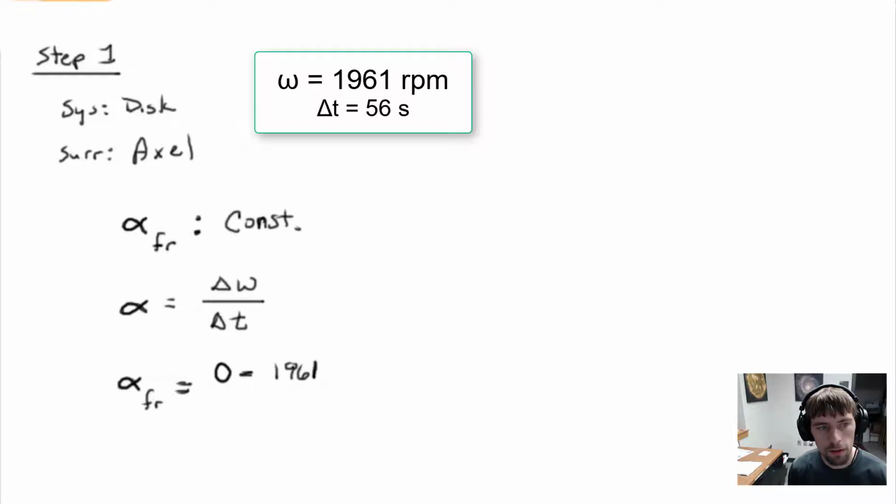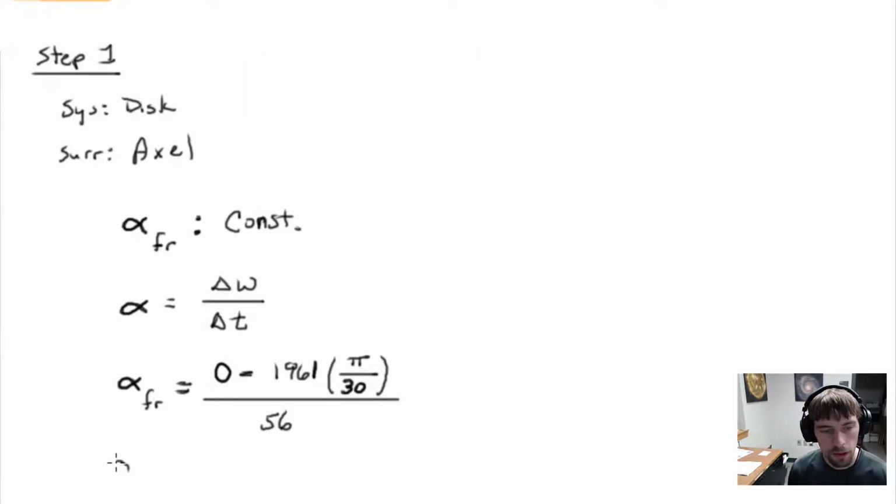Now that's in revolutions per minute. The conversion factor would be something like pi, converted into radians, divided by 30, right? Or if you prefer, 2 pi over 60. But there's your conversion, divided by this 56. So the angular acceleration due to the frictional force, what do I have here?